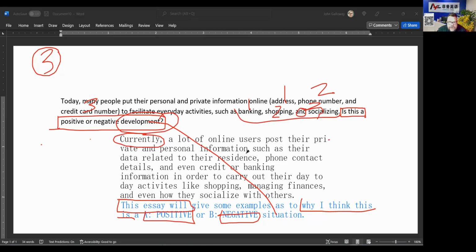Data related to the residence 1, phone contact 2, details, and even credit or banking, which we've sort of put together here. So would I call this 3 and 4? Well, essentially it's still 3 ideas because we're referring to the same concept: their day-to-day activities. There you go. We just borrowed it, we changed it. Shopping, managing finances, and even how they socialize. So 1, 2, and 3. 3 is the magic number for developing your ideas.